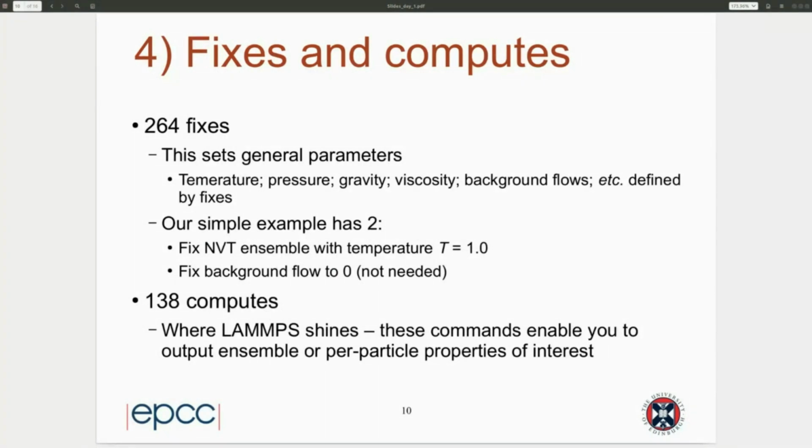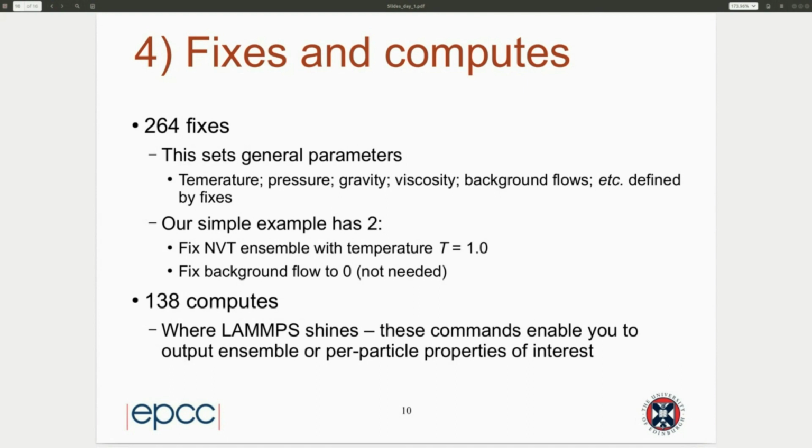Let's say you want to compute the center of mass of your simulation box, you can compute that. Let's say you want to compute the center of mass of just a subset of the particles in your simulation box, you can compute that. You want to compute how much a set of particles rotates, you can do that. You can look at radius of gyration, you can look at kinetic energy for just one part of your system rather than the overall system, and a lot of other things.